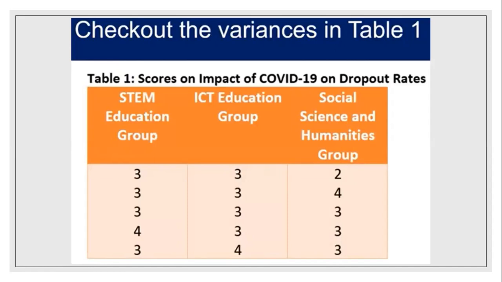So now, what are we actually checking out when we are using ANOVA? We are actually looking out for variances, and there are two. We look at variances between the groups and within the groups. We have three groups here. You can see the group for STEM education, another group for ICT education, and another group for science, social science and humanities.